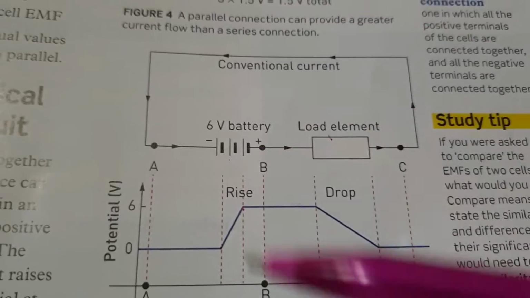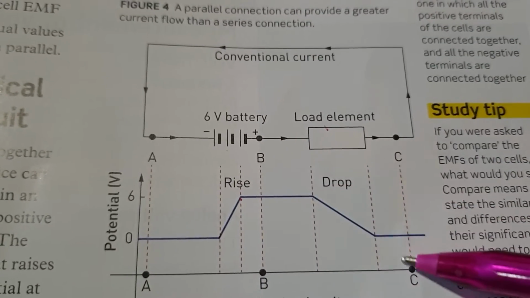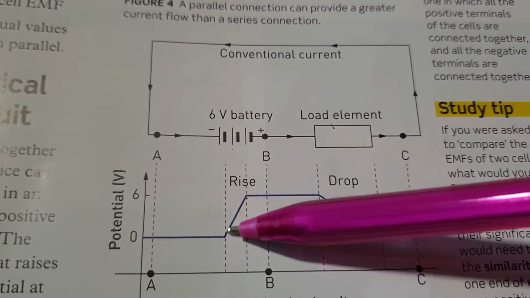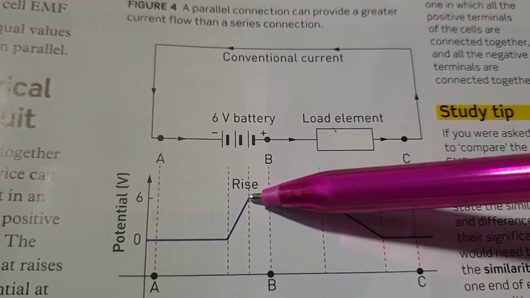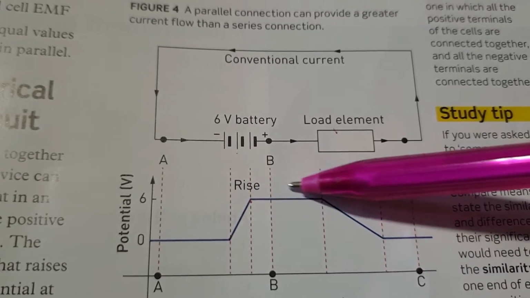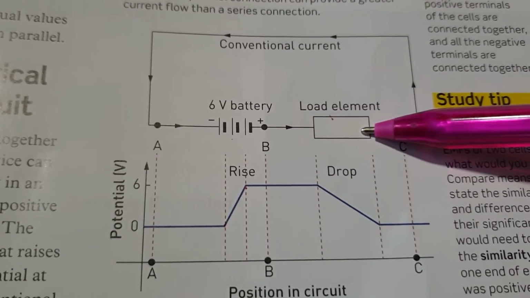And it's important to realize that the rise and the drop are the same. So if we've added, as this says, 6 volts of energy here, so 6 volts, we've added 6 volts of energy, potential energy, it will lose 6 volts of potential energy here.